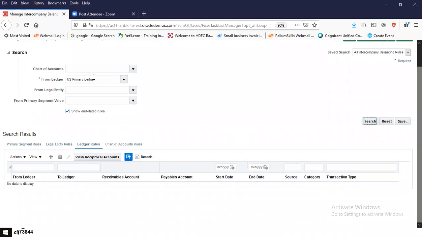You could have from-to, depending on how it has been set up, or you could have it for a particular chart of accounts.